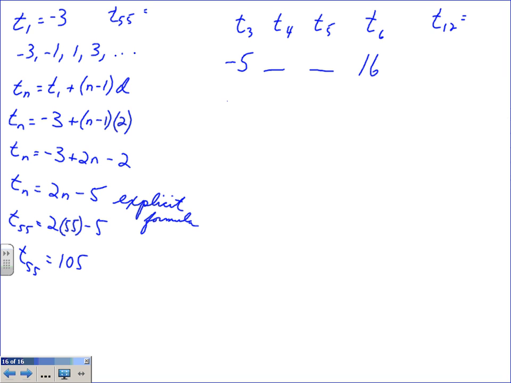So 16 is equal to, we're going to call that our first term, plus, how many terms do I have up there? 4. 4 minus 1 is 3 times D. That's using the formula.